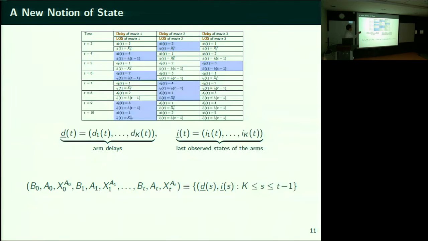At time t equal to k onwards, I start computing the delay. This delay and last observed state doesn't make sense until you have seen each movie once. You cannot associate the last observed state if you haven't even observed that movie. So I'm going to stand at time t equal to k. This table is for k equal to 3. I'm going to start computing the last observed states and the delays from that time onwards.